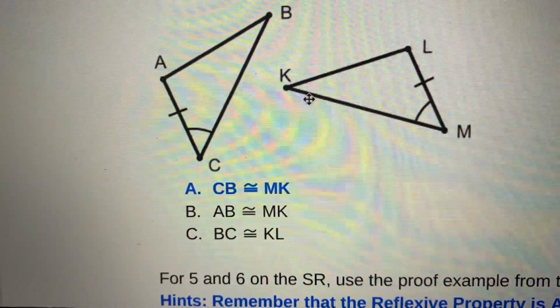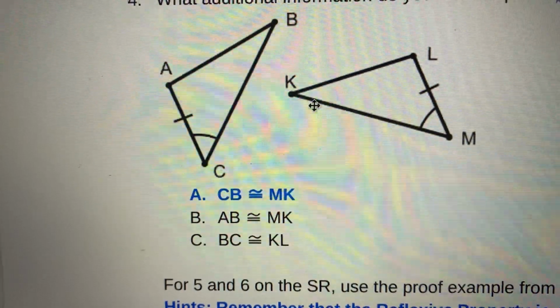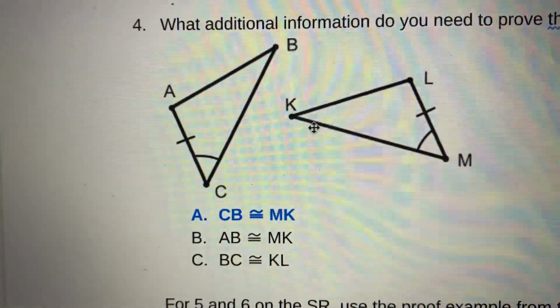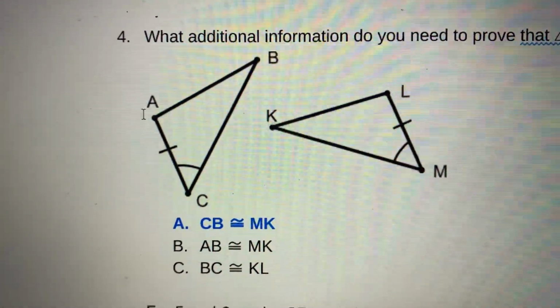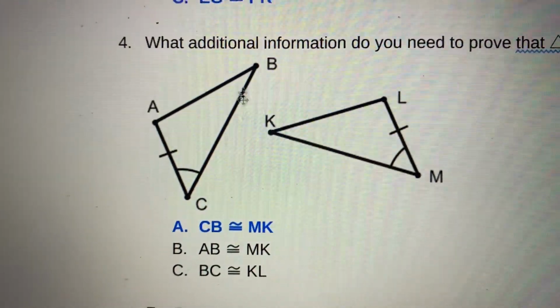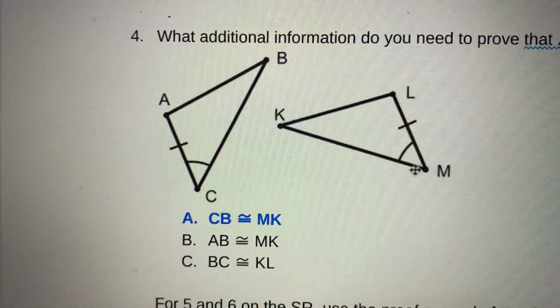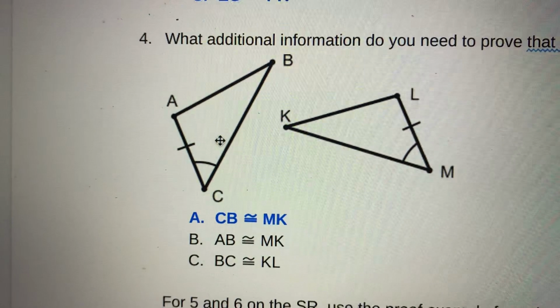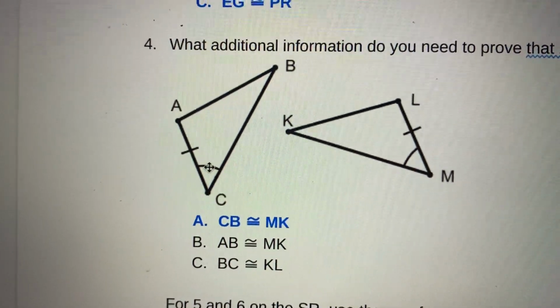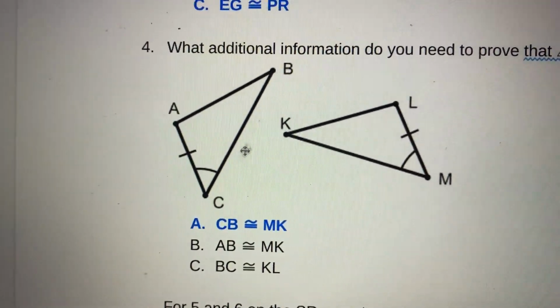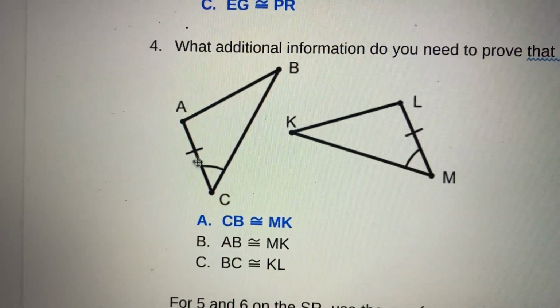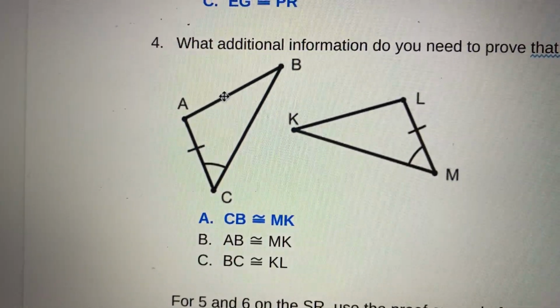The first one, A, but let's double check and make sure the other ones are incorrect. The other one says AB and MK. We want MK, but AB is not the one that comes right after the angle. That one would be angle, side, side, which is not what we want.